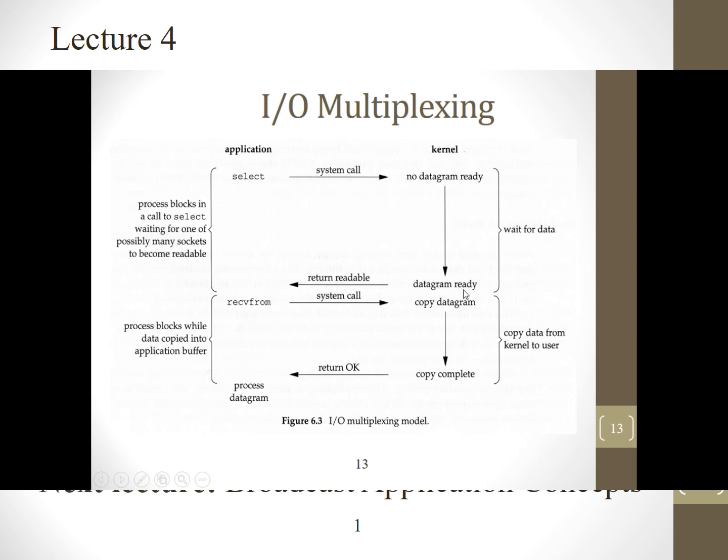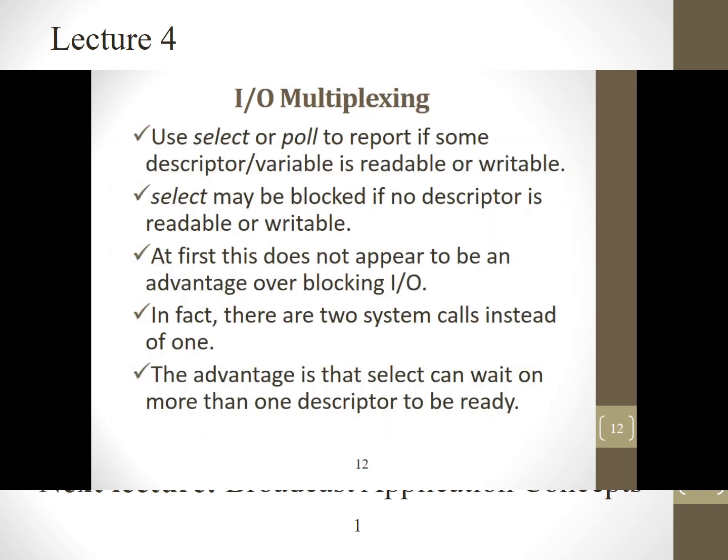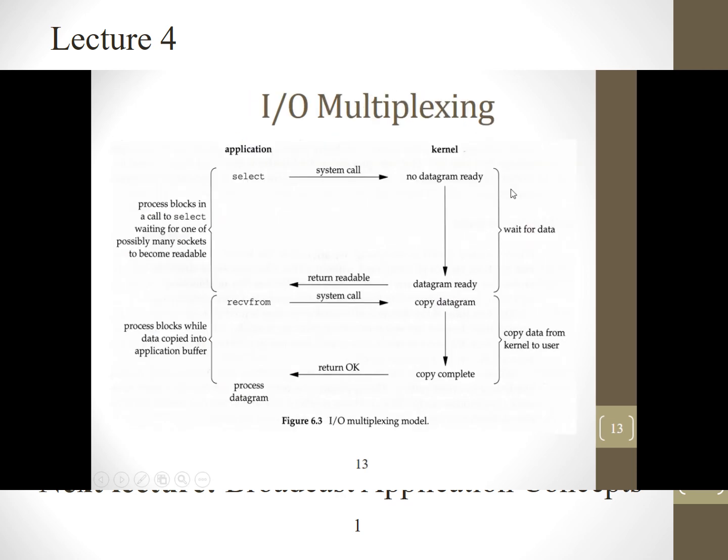When the datagram is ready, select comes back and returns readable. It didn't copy; it just informs the application that the datagram is readable, reporting that some descriptor is readable or writable.